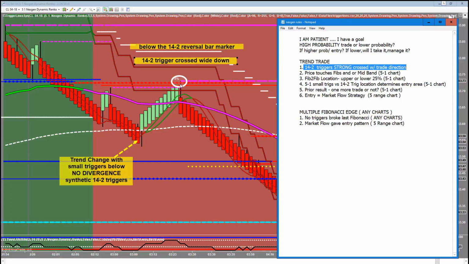And again, when you focus in on looking for high probability trend trade shorts, the other thing that you're going to think about, as you're getting to prior divergence and resistance and mid bands and triggers, is where we're going. We're going to go from resistance down to Fibonacci support, assuming nothing gets in the way.